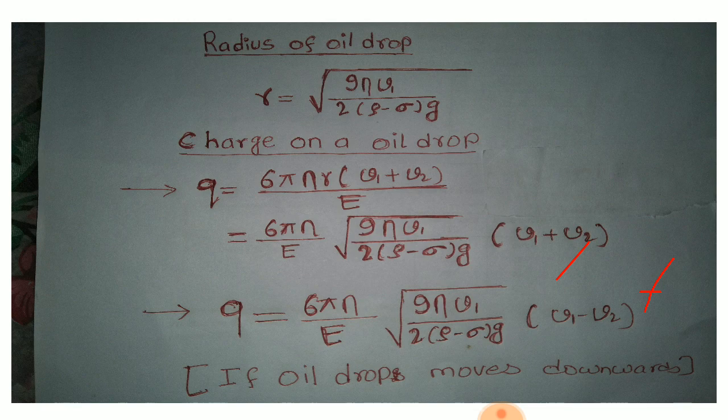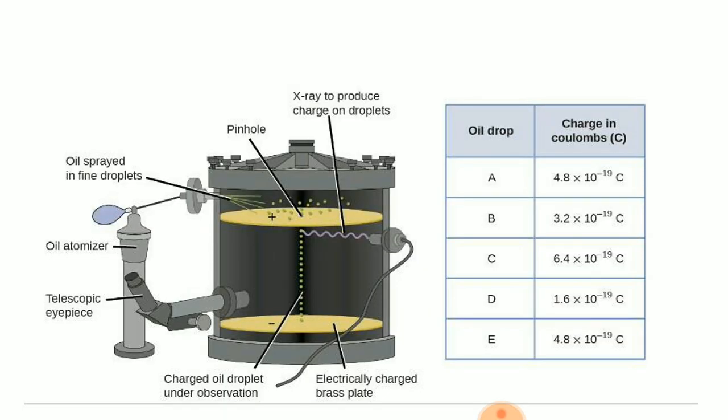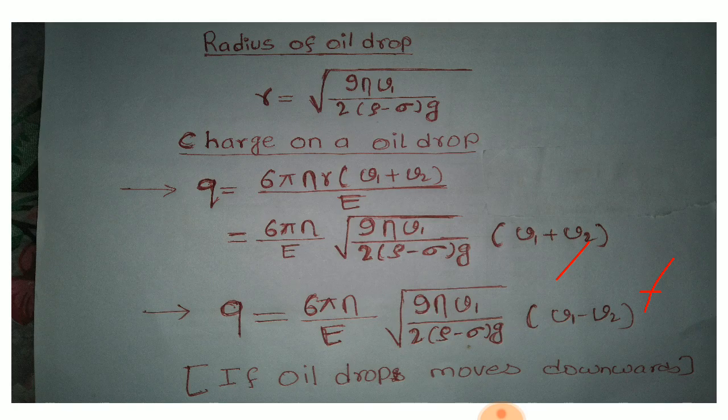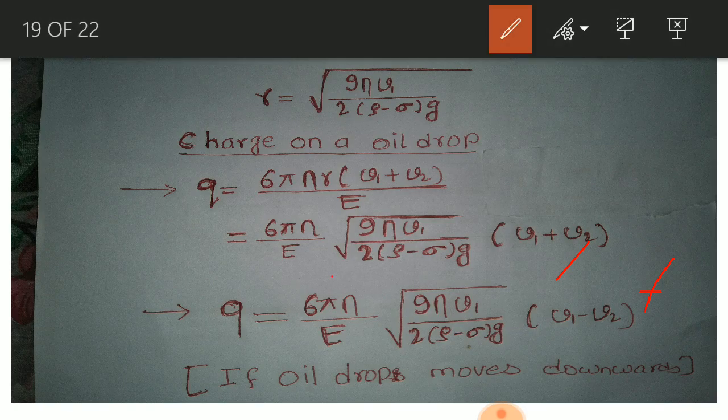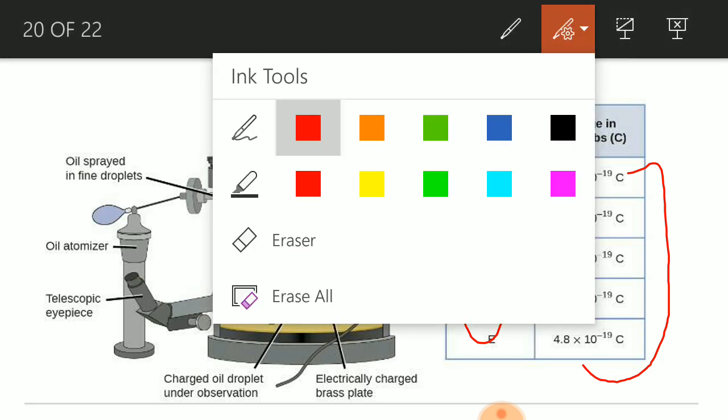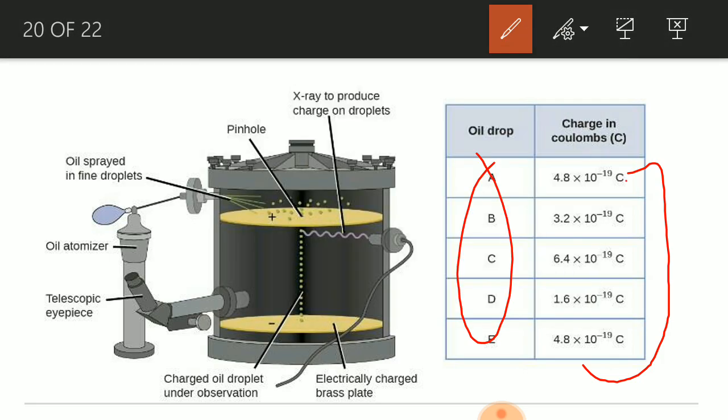Now after knowing this q, Millikan did this experiment for several oil drops of different size, and he got these values of q. As we know all this information, by writing it all we get our q, and our q was this for different drops.